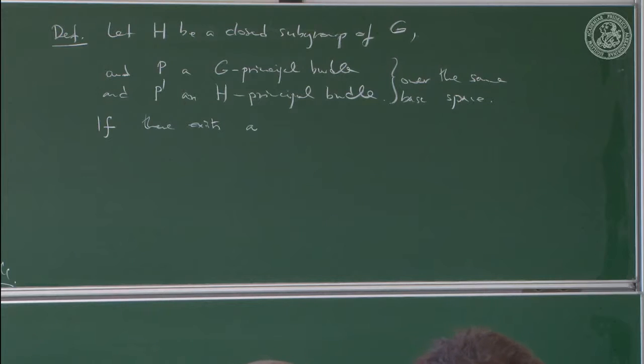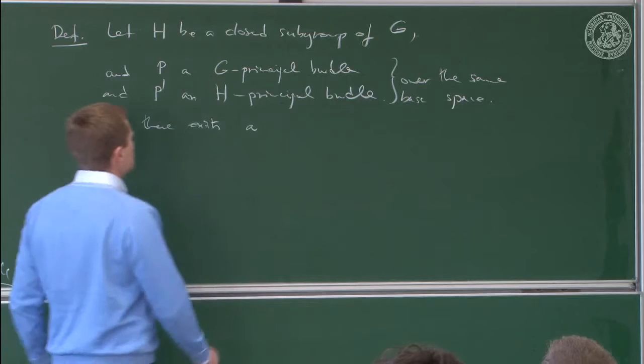That's not the case here. Here we're given two Lie groups, and one is the closed subgroup of the other, but a subgroup can lie in the other group in various ways, and unless you specify how by a group homomorphism, you don't know how. So with the definition so far, if I continued writing, if there exists a principal bundle morphism, you would say we don't have enough data to write this down. And you'd be right. And that's what we're going to do. It's going to be the definition.